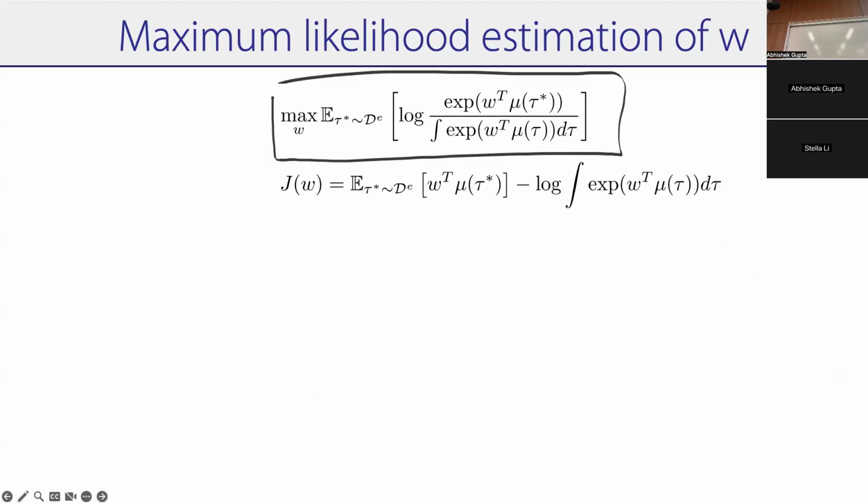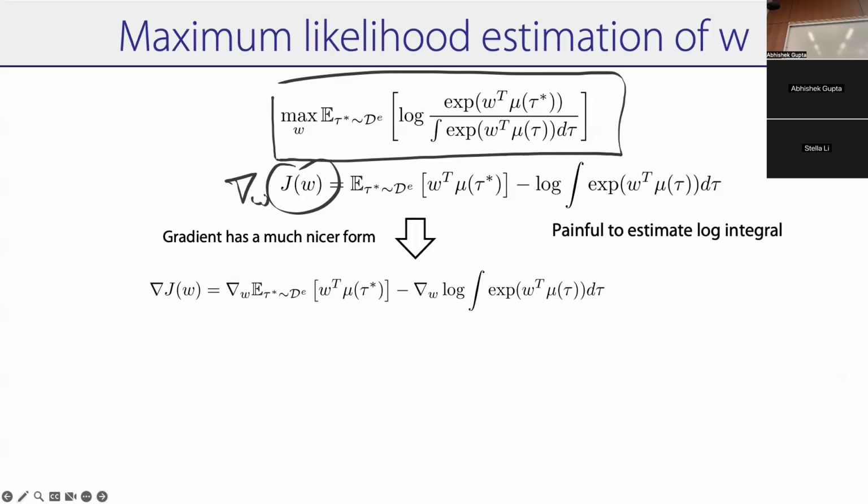We're just going to solve for the gradient of this objective with respect to W. Our objective is to maximize the likelihood of trajectories from the expert demonstration set, and we take the gradient with respect to W. We said it's going to be painful to estimate the objective, but the gradient is going to look a lot nicer. You take the gradient of the first term minus the gradient of the second term. Help me work through this. What happens with the gradient of the first term?